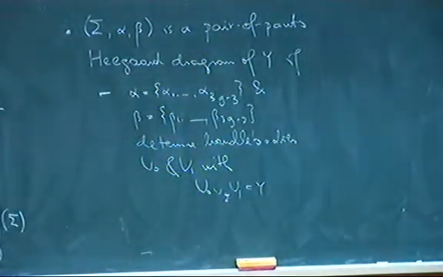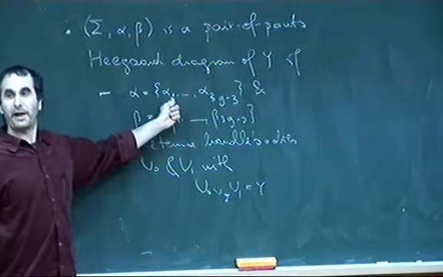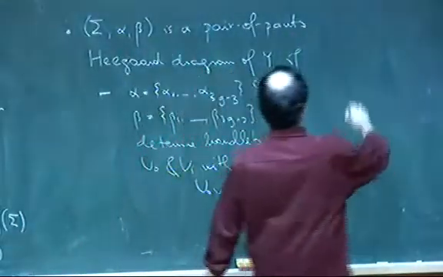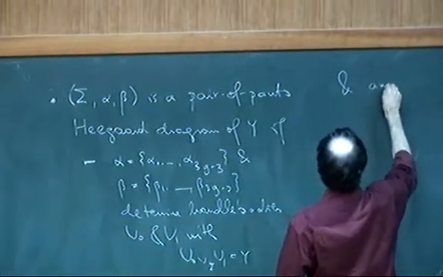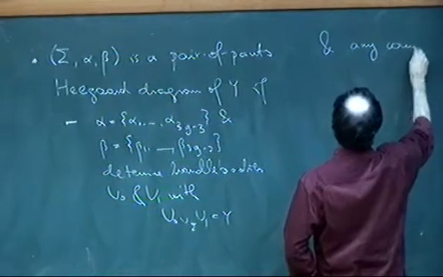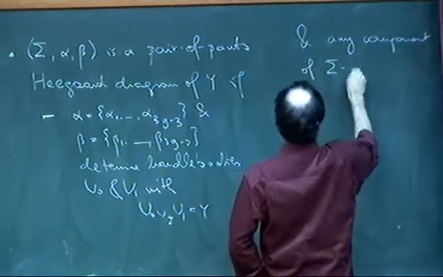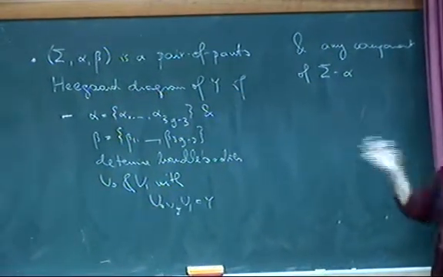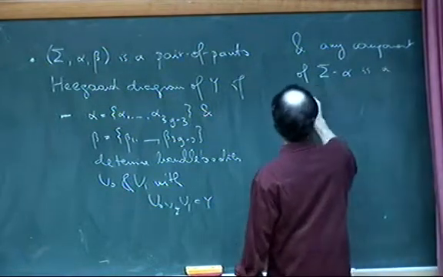This is exactly a special case of what we discussed yesterday, but now we require them to provide a pair of pants decomposition of sigma, and any component of sigma minus alpha, so we take the whole surface and delete all the alpha curves, is a pair of pants.